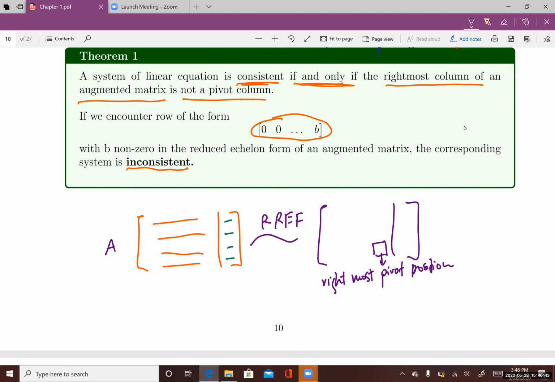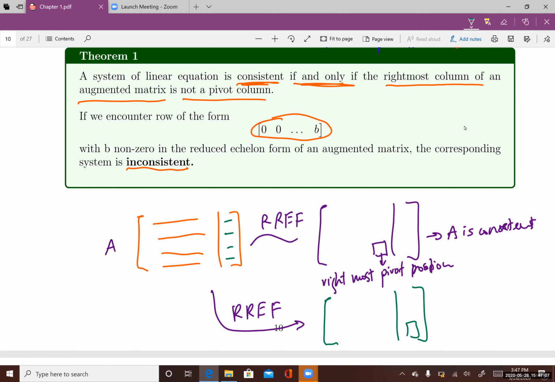This is the rightmost pivot position. Then the system A is consistent, which means A has at least one solution.